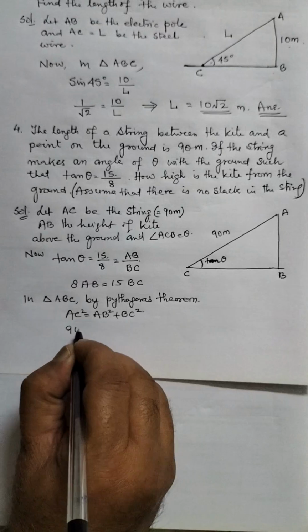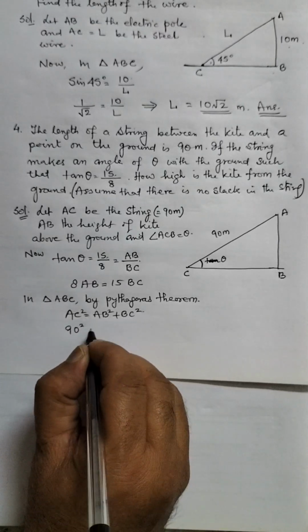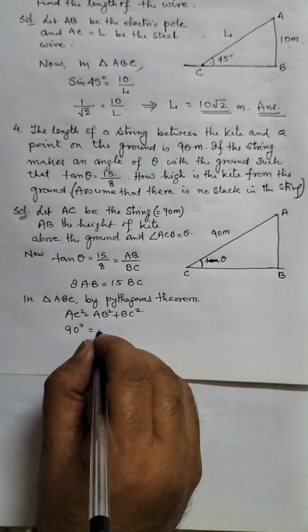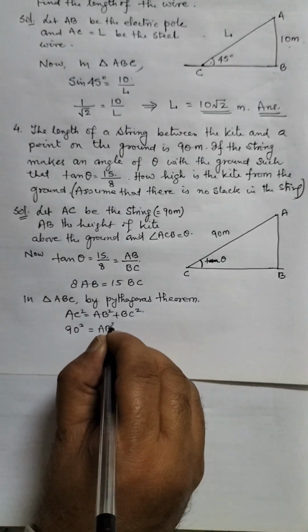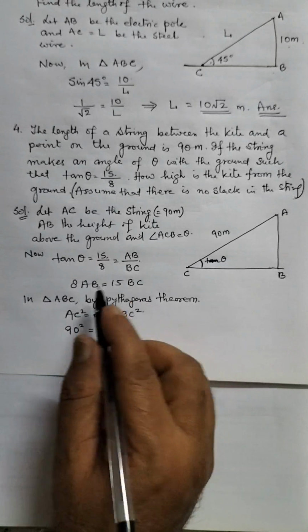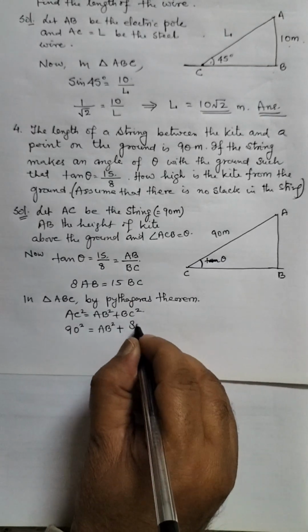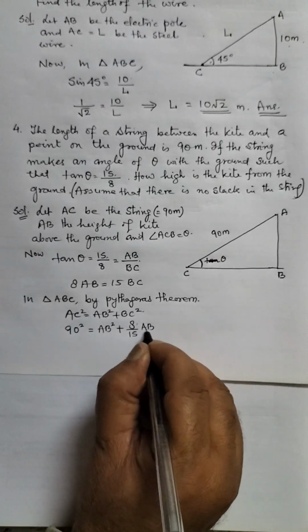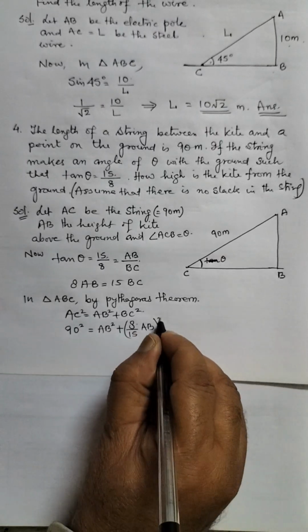AC is 90 square is equal to AB square plus BC, BC is nothing but 8 on 15 times AB square.